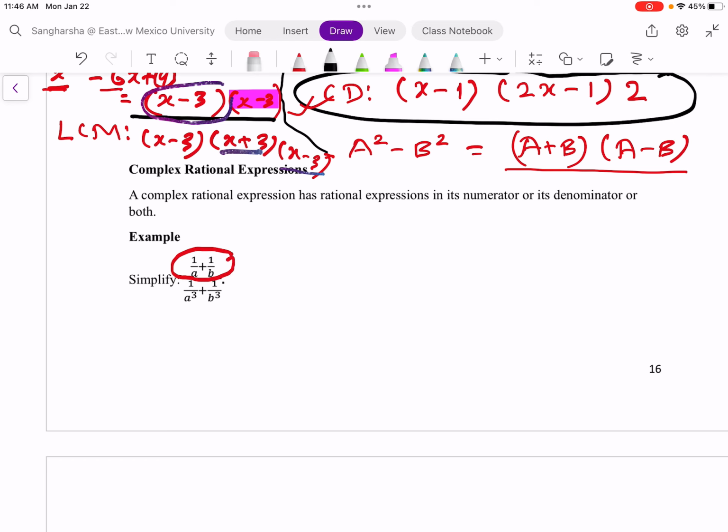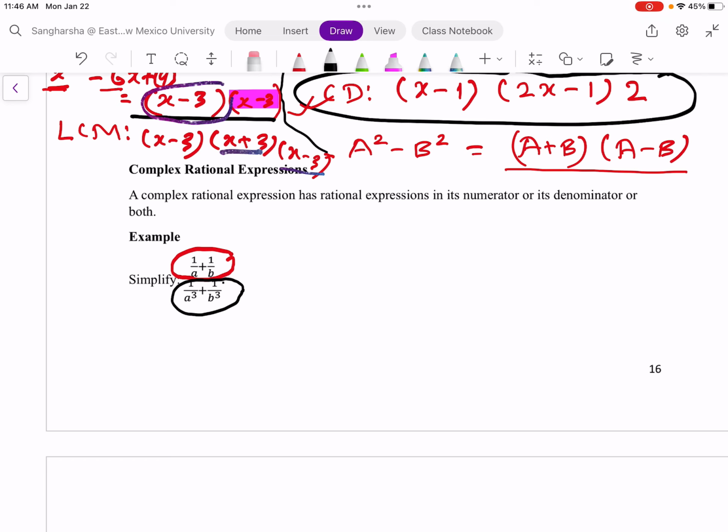And this is the denominator. In the numerator and denominator we have fractions, and that's the complex, okay? If you have a rational expression or a fraction in the numerator and denominator, that makes the expression complex, okay? And here we need to simplify.